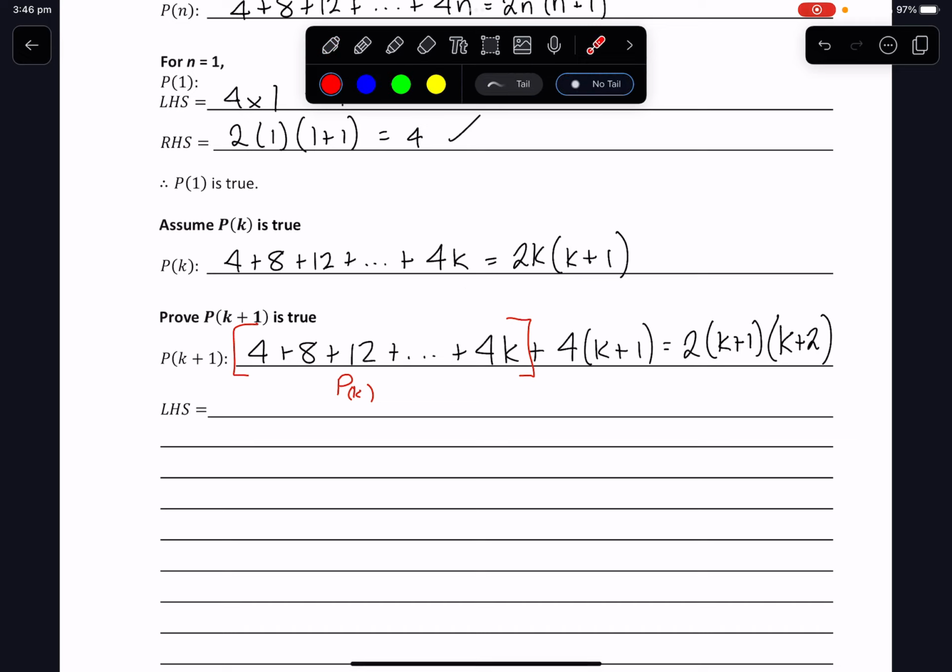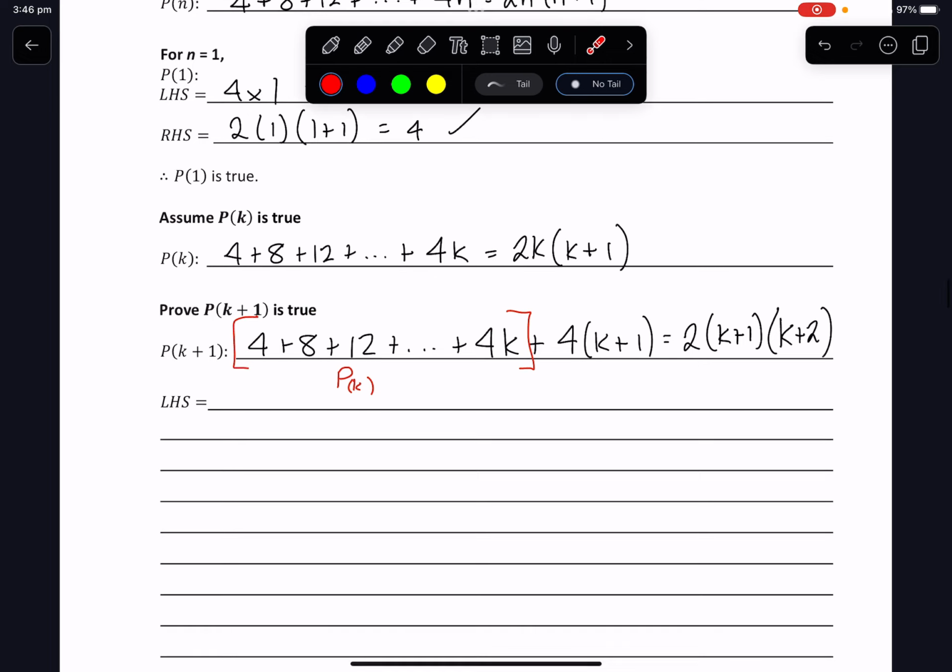So we can substitute all of this for the right-hand side of P(k), because we've said that it's equal. So we can write the left-hand side as 2k(k plus 1) plus 4(k plus 1). We want to start working this through so that we get this part here.